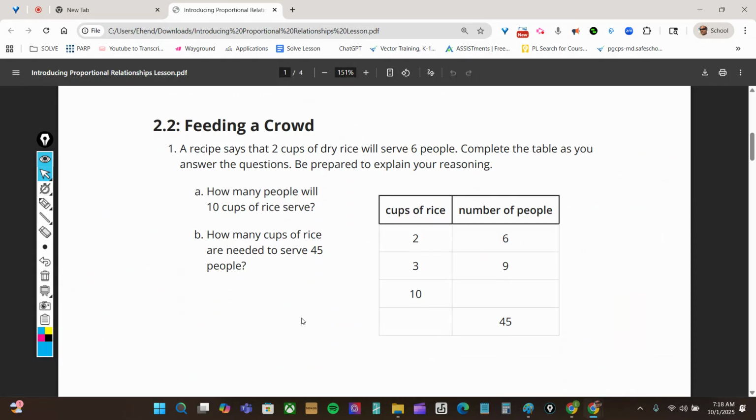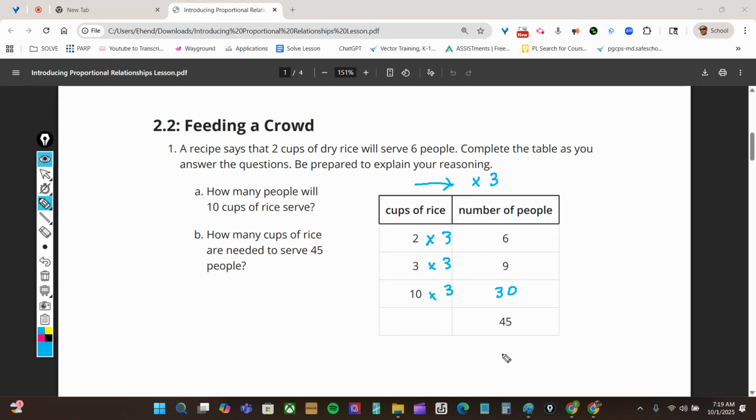All right, so it looks like times 3. Okay, times 3, times 3. Okay, that's going to be 30. Now the thing is, when we're going this way, we're going to multiply times 3.